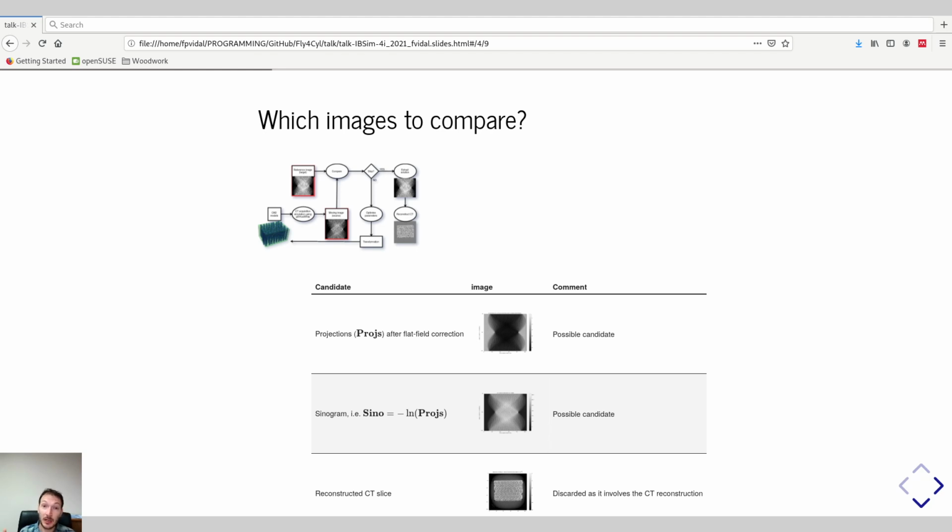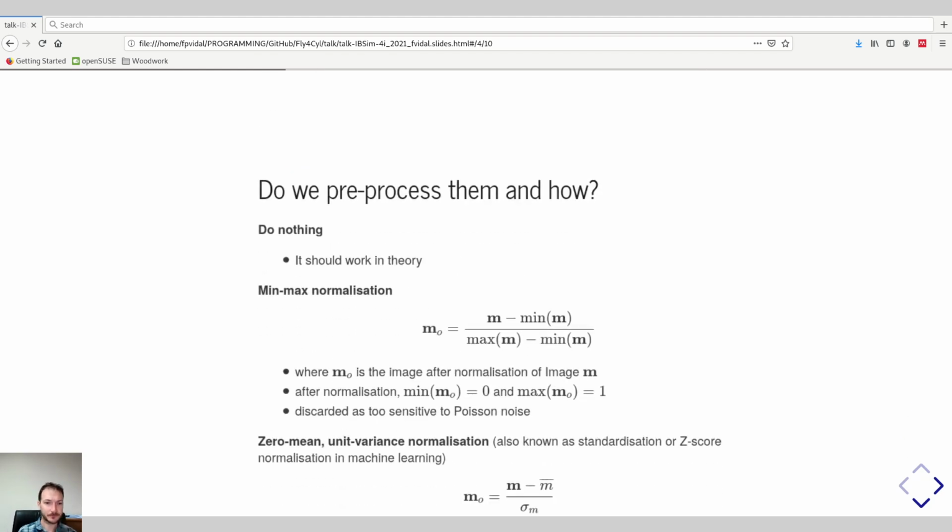We discarded the last one because we did not want to have the reconstruction in the objective function, because that could slow everything. It's true it might provide better results, but we just discarded it. So we only consider the projection and the sinogram.